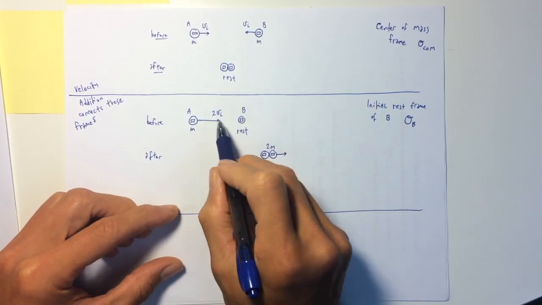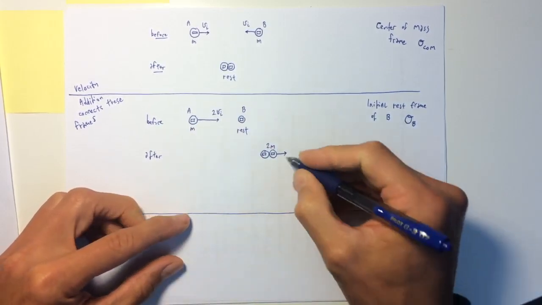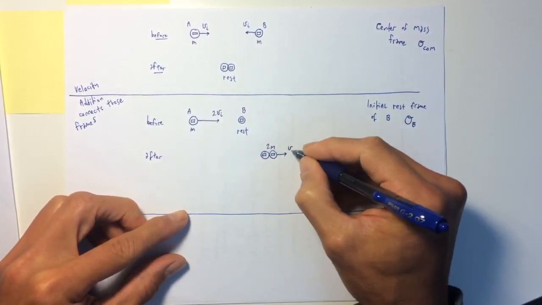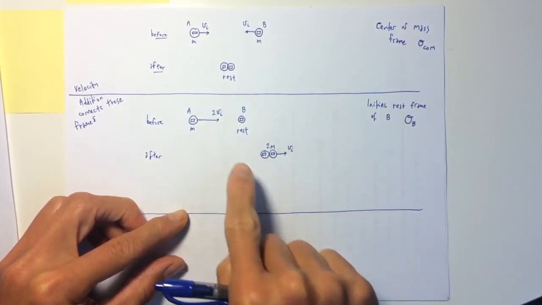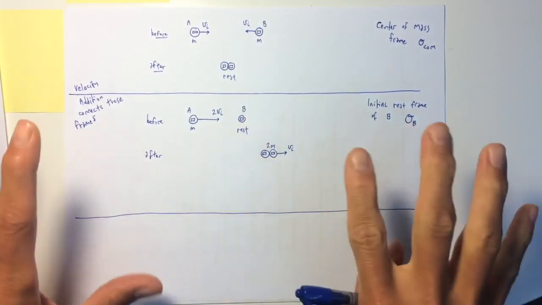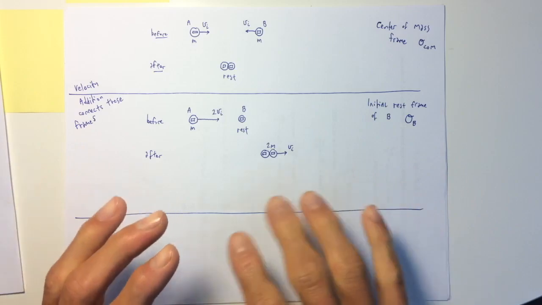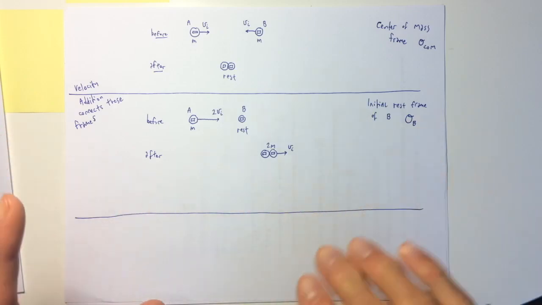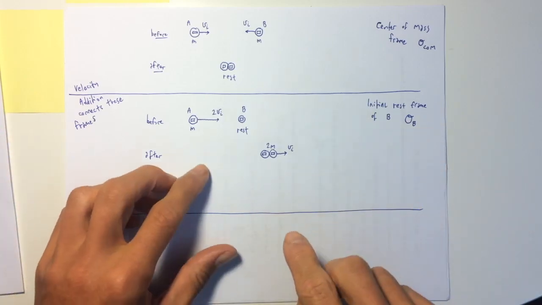So that's 2mv sub I towards the right. And so here, the answer to conserving the momentum, because there are no other forces involved in this problem, there's no air resistance, there's no gravity, there's nothing else going on in my thought experiment.